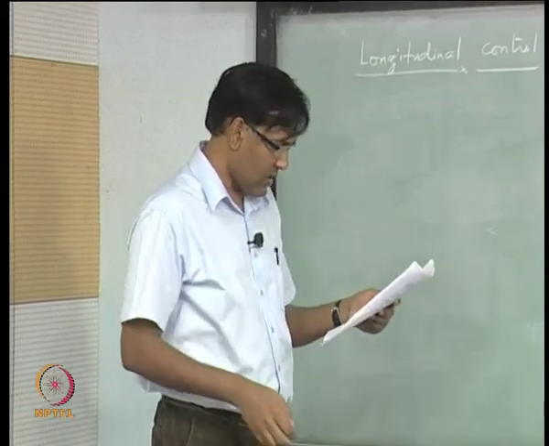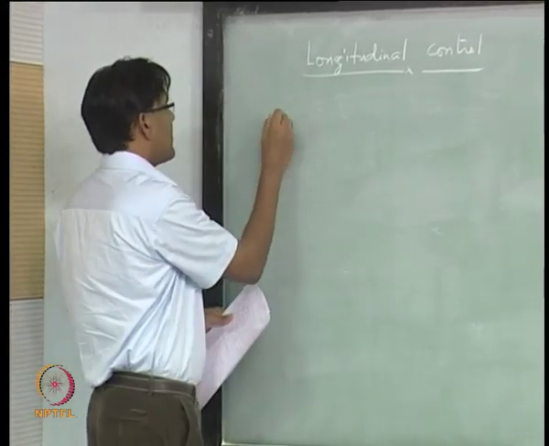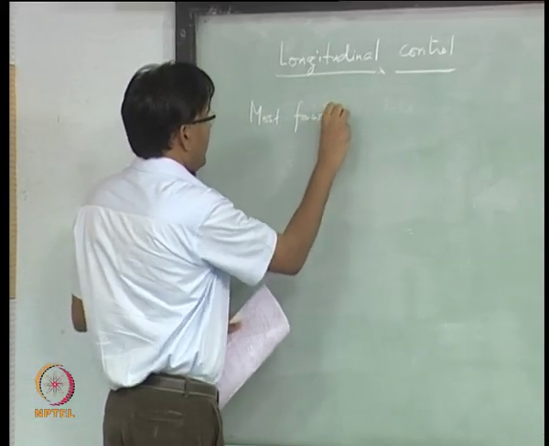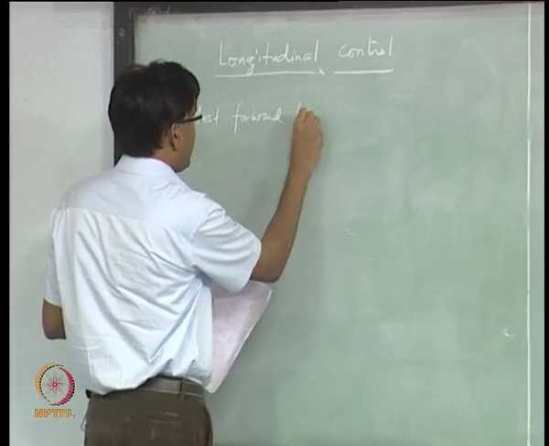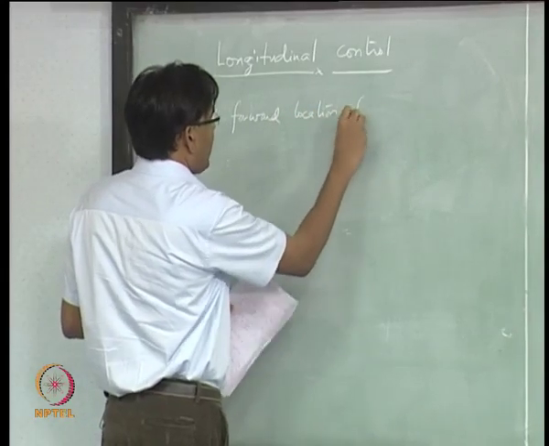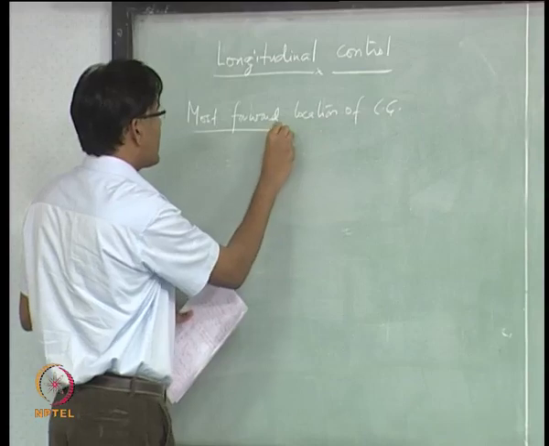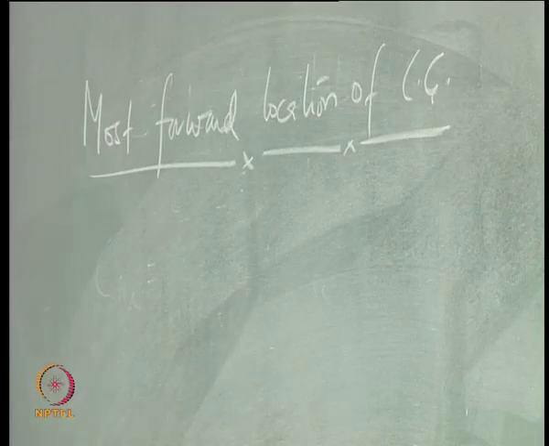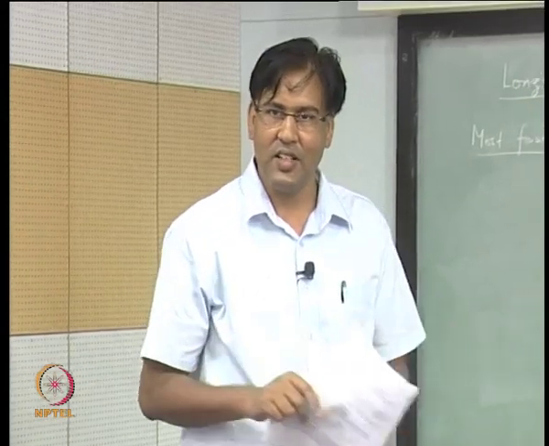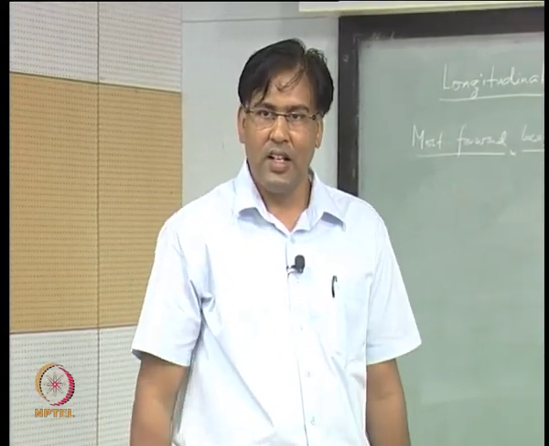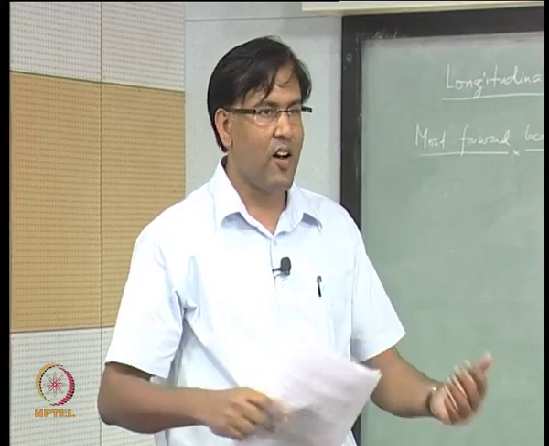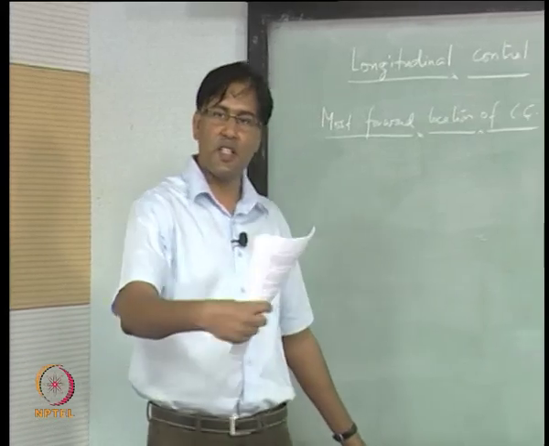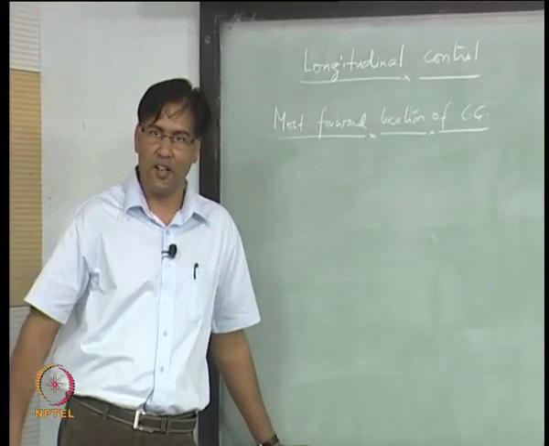I want to find out the most forward location of CG. Conventional situation, okay, wing camber is positive, and now we are looking at how far we can move the CG in the forward direction, not in the backward.